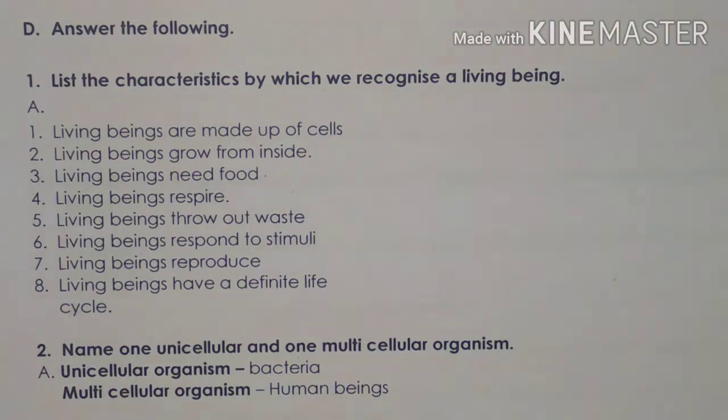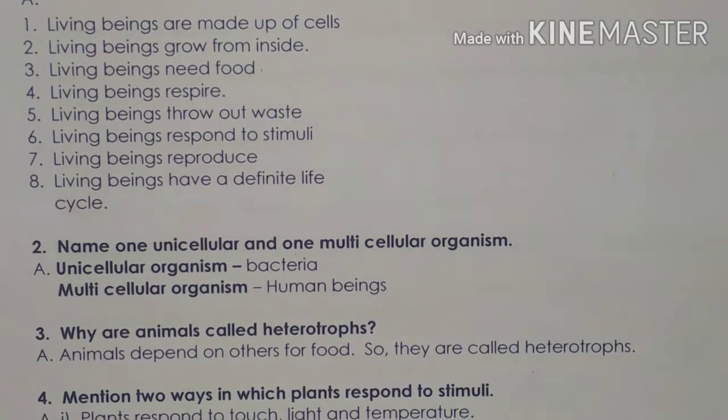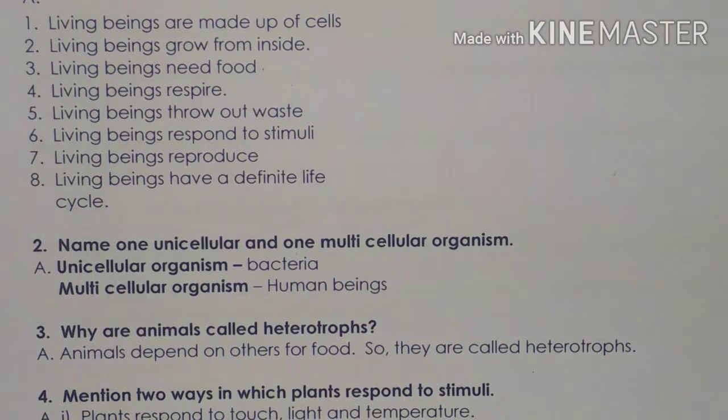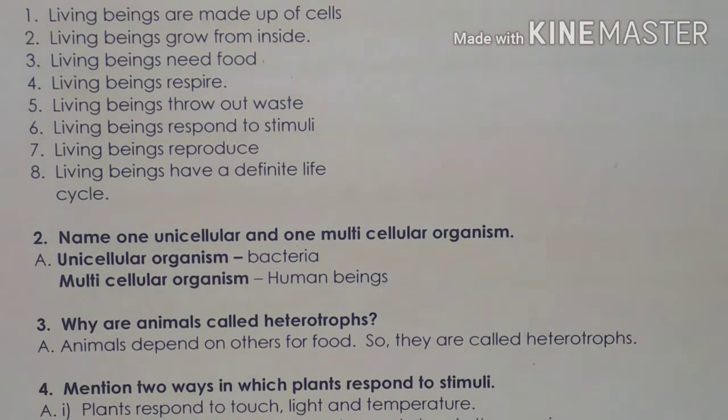Second question, name one unicellular and one multicellular organism. Answer, unicellular organism, an example is bacteria. Multicellular organism, an example is human beings. Third question, why are animals called heterotrophs?